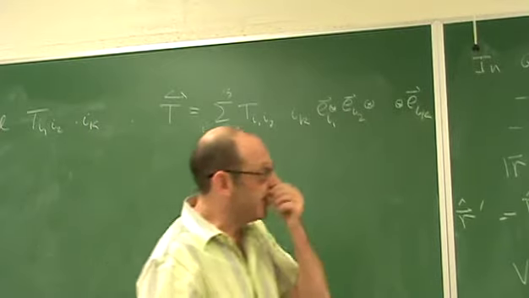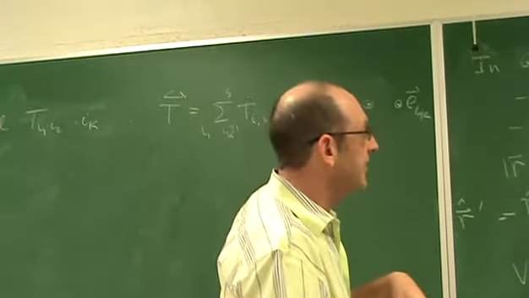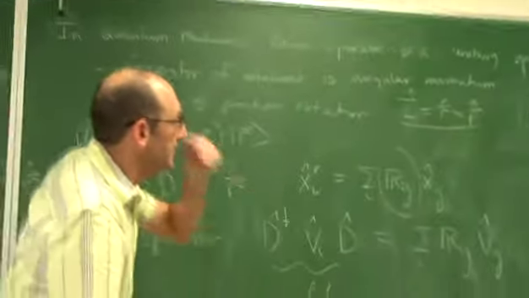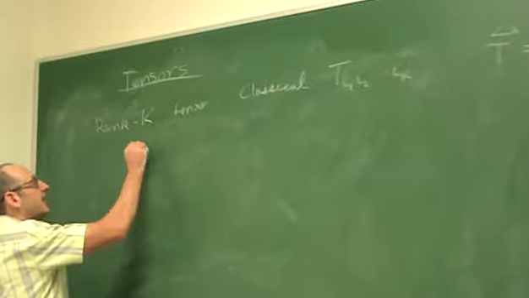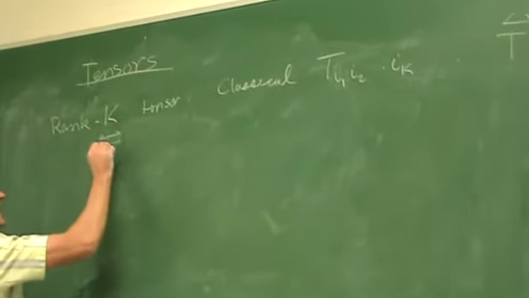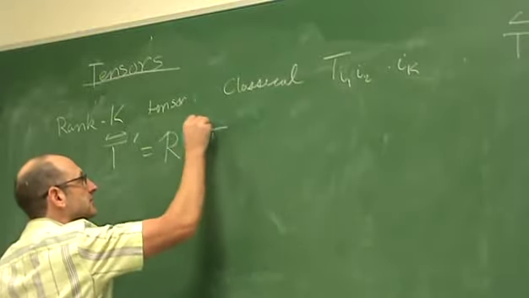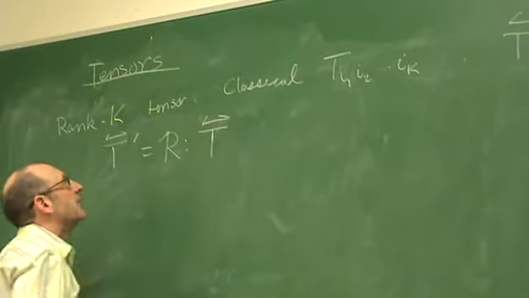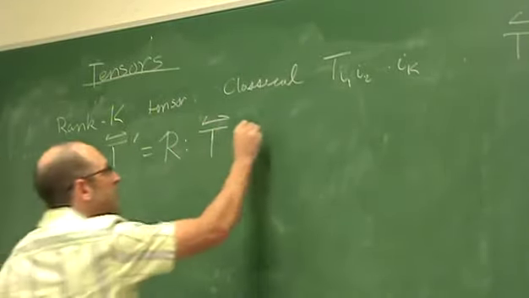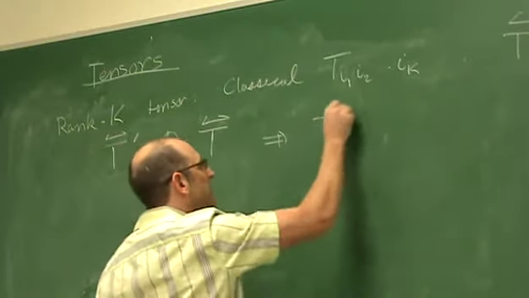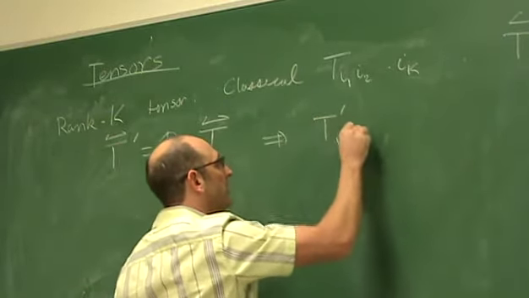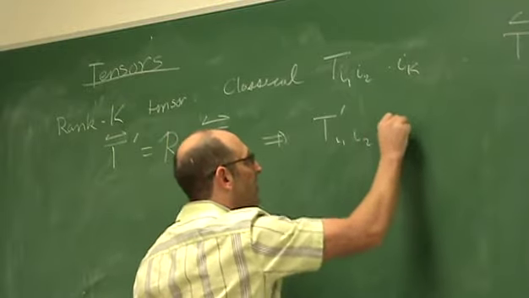So a generalization now of this expression here, well, this is the quantum mechanical version, but let's talk about the classical version, is that this guy is a tensor if its components transform according to the following rule.